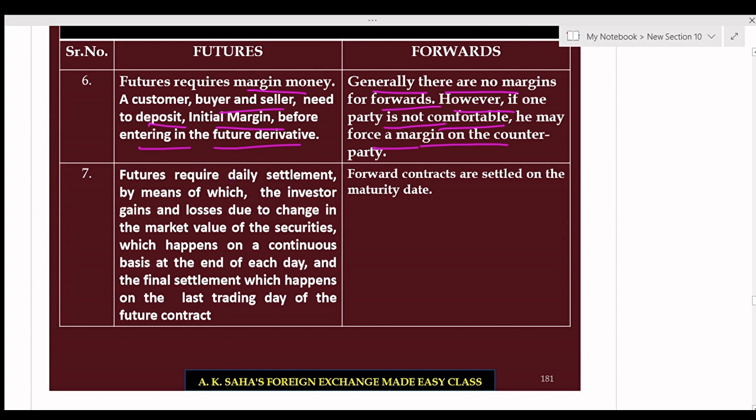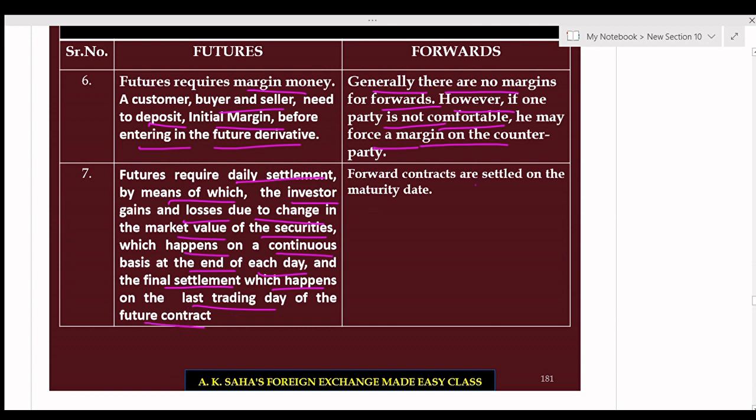Futures require daily settlement, by means of which the investor's gains and losses due to changes in the market value of the securities are settled on a continuous basis at the end of each day, and the final settlement happens on the last trading day of the futures contract.